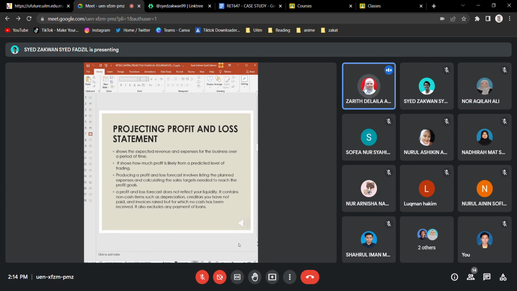When we talk about this forecasting PNL statement, it does not reflect our liquidity. And usually it contains non-cash items such as depreciation, which is in our PNL. There are also creditors that we have not paid yet, and the invoices raised for which no cash has been received.